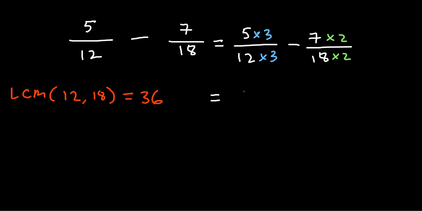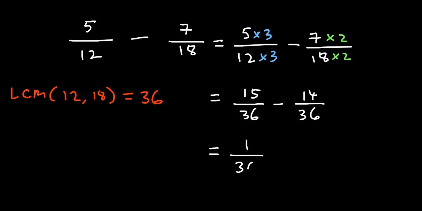So that becomes 15 over 36, and that becomes 14 over 36. And that simplifies to 15 minus 14 over 36, which is just 1 over 36. And that would be the answer.